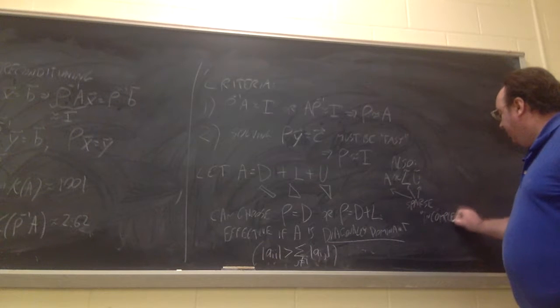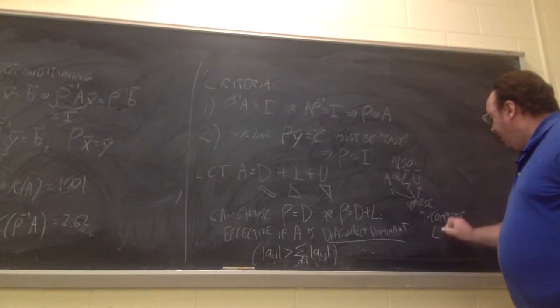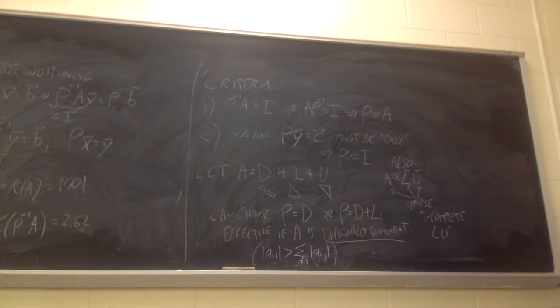Incomplete LU factorization. So here's an example. Suppose what you decide to do is you go ahead and compute the actual LU factorization of A, Gauss elimination, but certain entries of A, if they're smaller than a certain threshold, you ignore them.